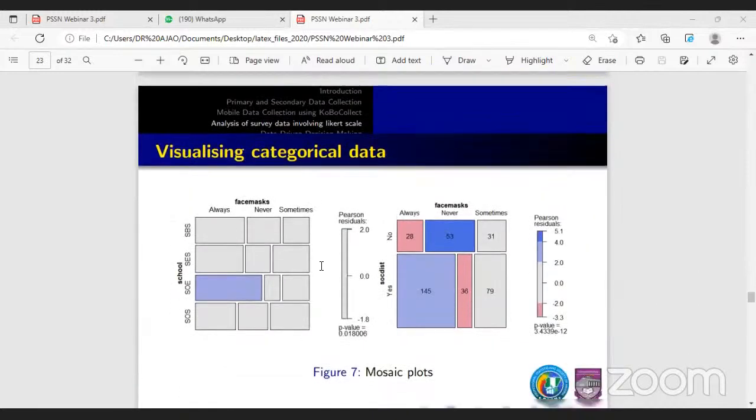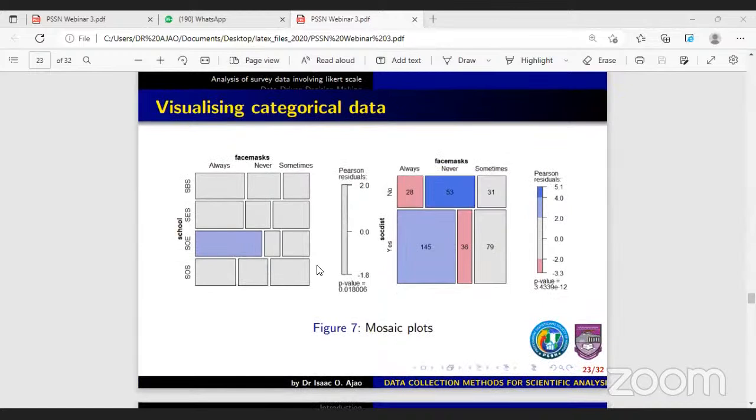So here, we want to visualize categorical data. This is common with people in biostatistics. How do we categorize? How do we show it? For everything we do in chi-square, we want to visualize our data. For example, look at this. This is something I did from 2020 till now. I just submitted the paper.